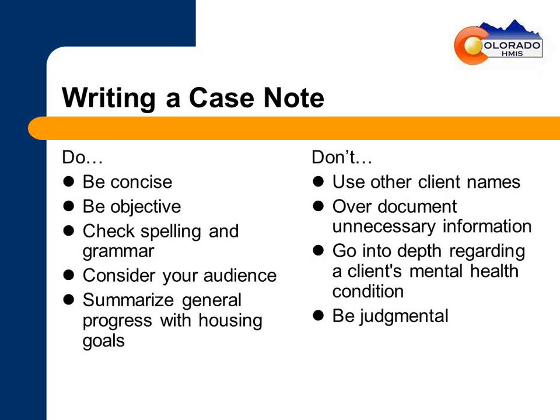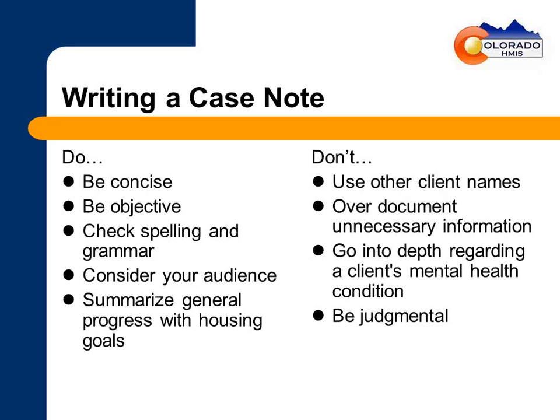Another side of considering your audience is to think about the fact that the other people who are going to be accessing your client's record, for the most part, are people who do what you do. Other case managers and other direct service providers are going to understand things that people like myself who work with computers maybe would not understand as well.